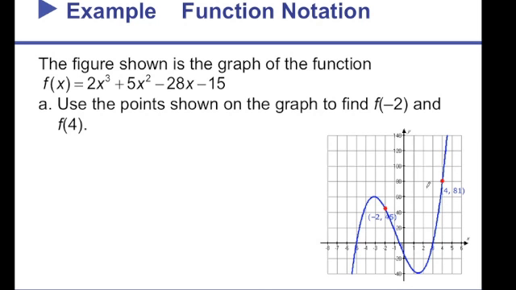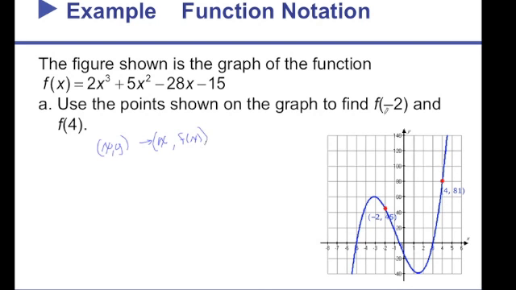This point, we know, is negative 2, 45. So we talk about ordered pairs, x, y, that also is the same as the ordered pair x, f of x.